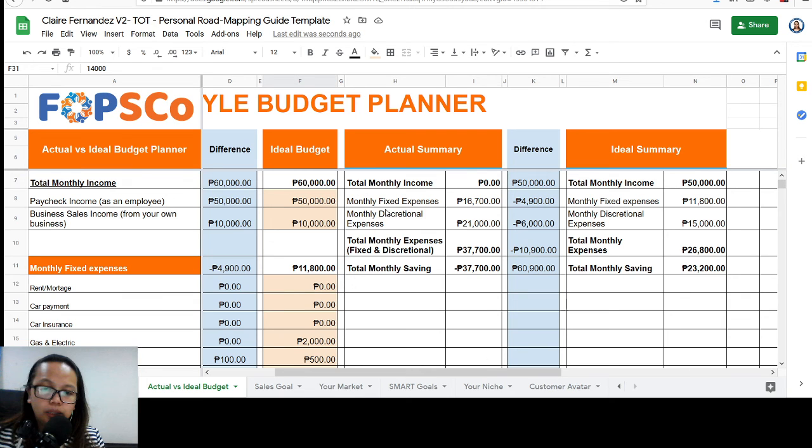We also have the monthly fixed expenses and the monthly discretionary expenses. What we have right now for the monthly fixed expenses is 18,000. Then discretionary expenses. So the total expenses is 26, and of course we still have savings of 23,000 pesos.